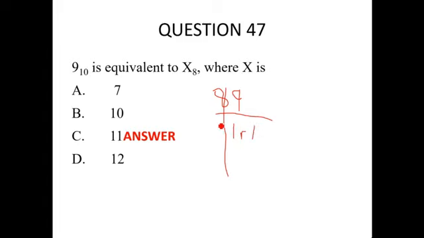Then you divide again by 8. 8 in 1 is 0, remainder 1. So your answer, you pick it from bottom up, then you have 11 base 8 as the answer. The answer to this is 6.